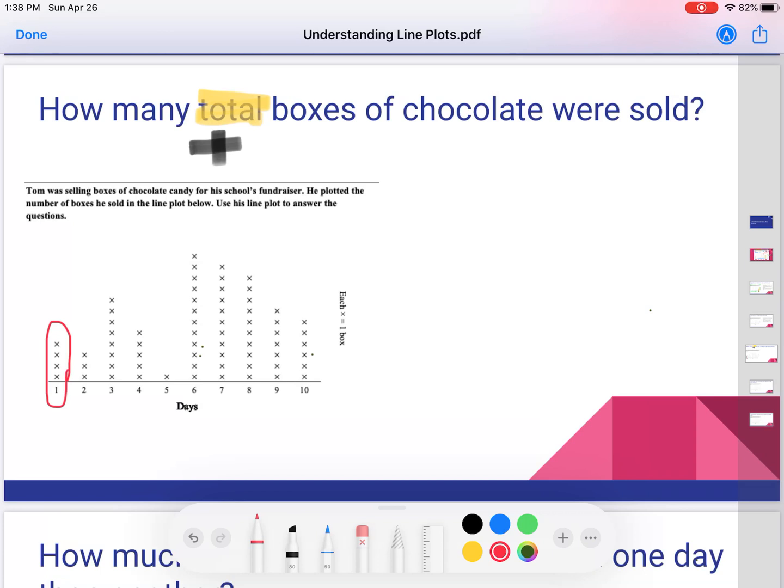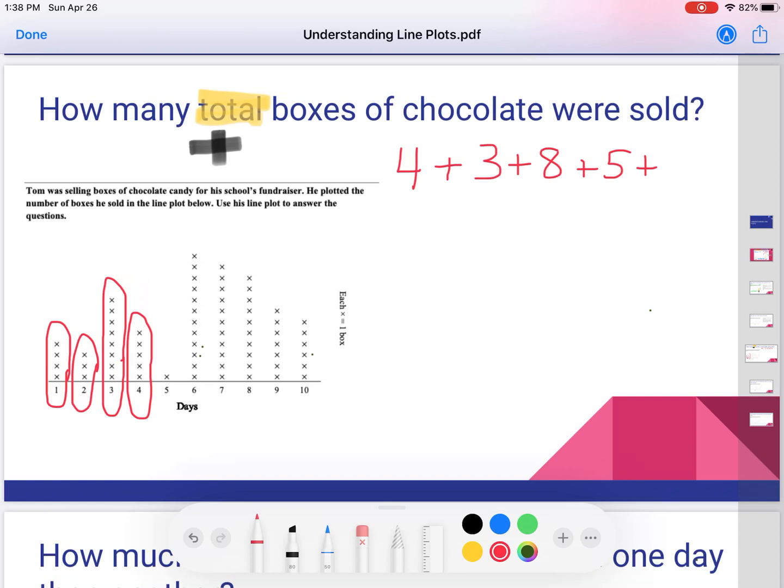Day 1 sold 4 boxes. Day 2 sold 3 boxes. Day 3 sold 8 boxes. Day 4 sold 5 boxes. Day 5 sold 1 box.